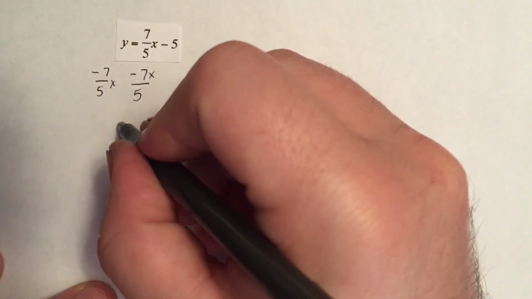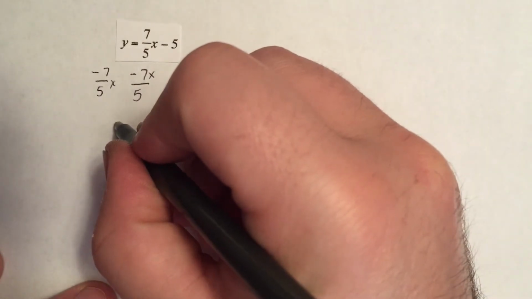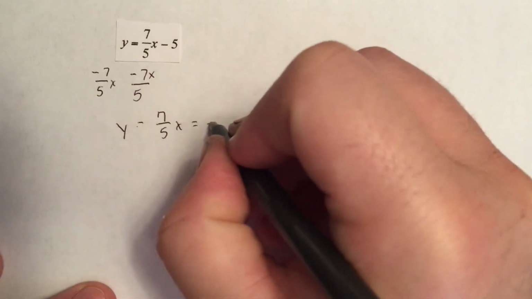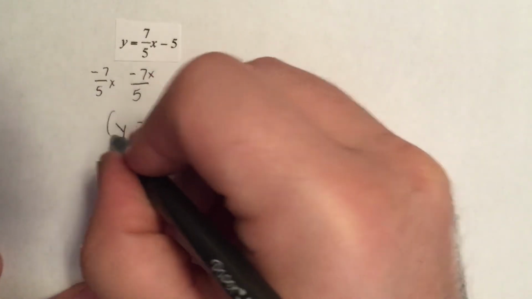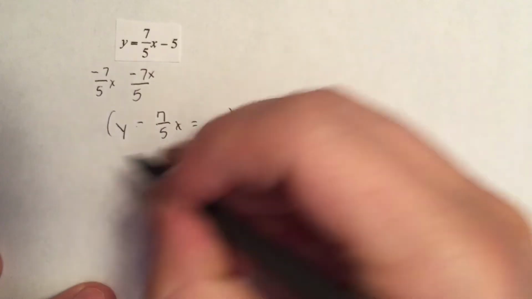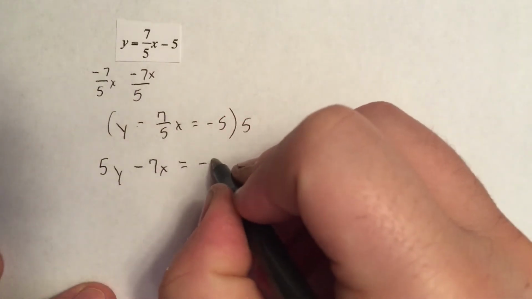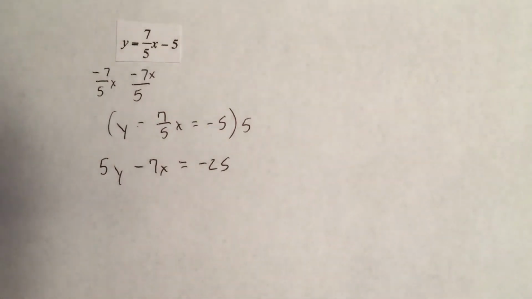Okay, so now I get y minus 7 over 5 x equals negative 5. Multiply both sides by 5. I get 5y minus 7x equals negative 25. And there you have it, standard form. These forms are both equivalent.